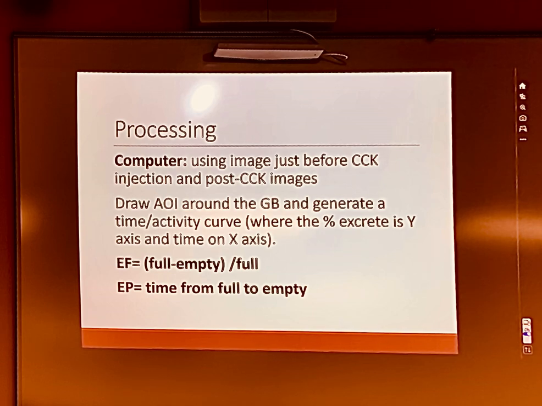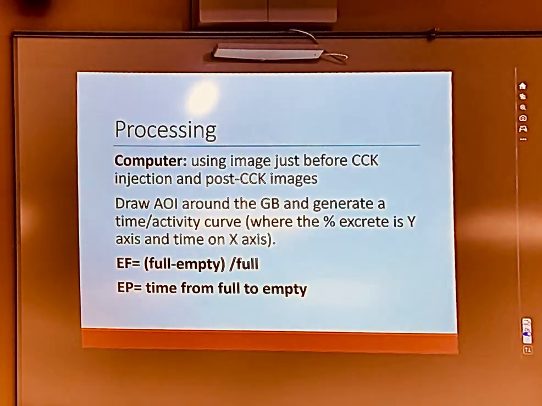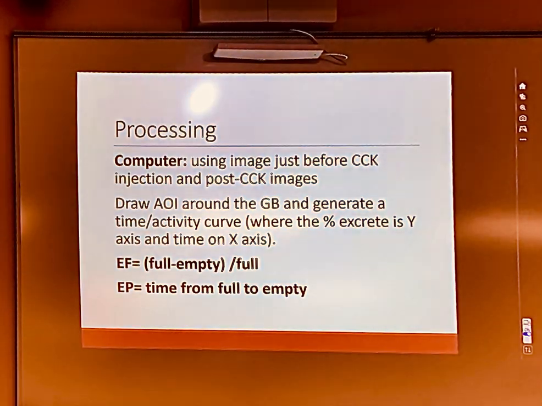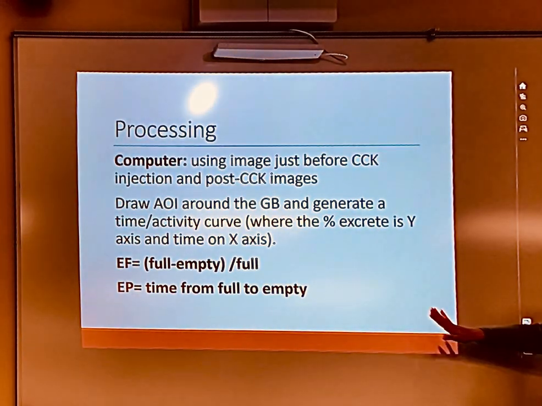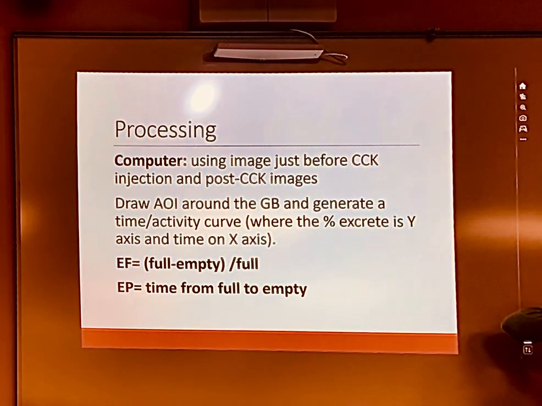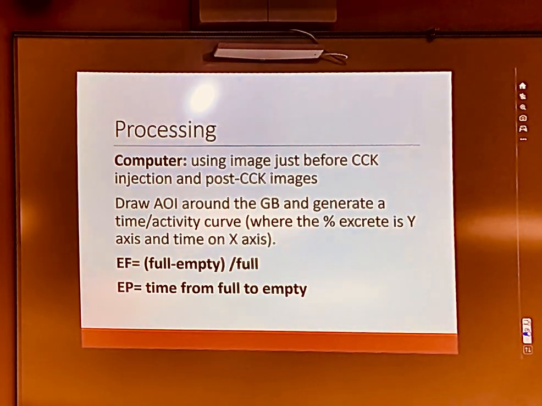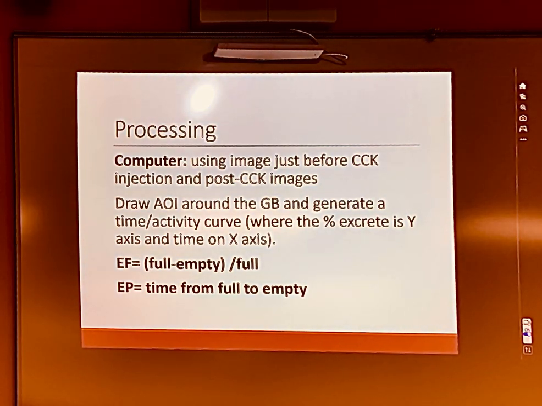When we were talking about how you can do these statically or dynamically, this is how you would process a static. You pull up your image right before you give the CCK. You took a picture for 500K right before you gave the CCK.